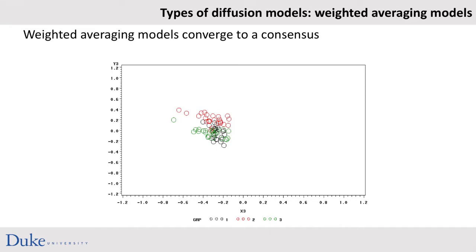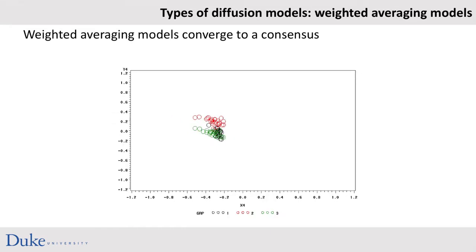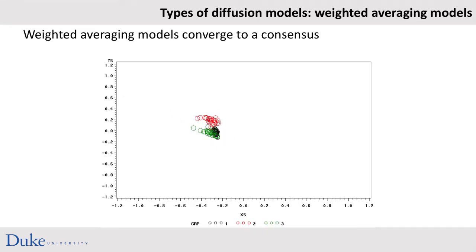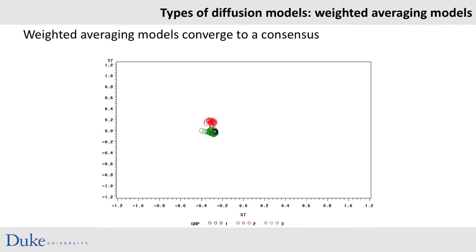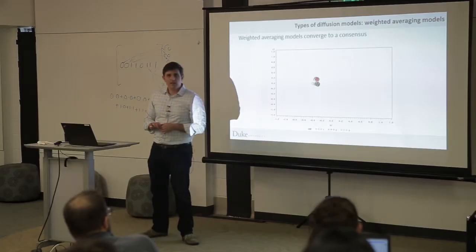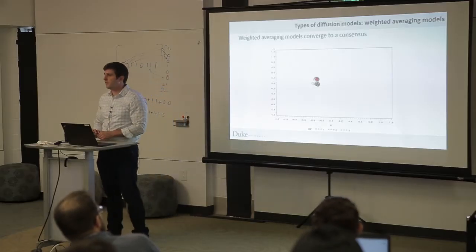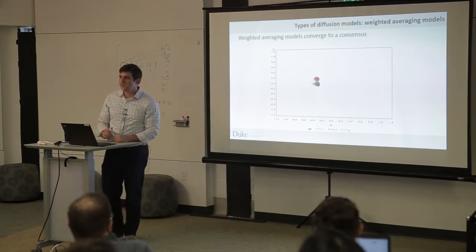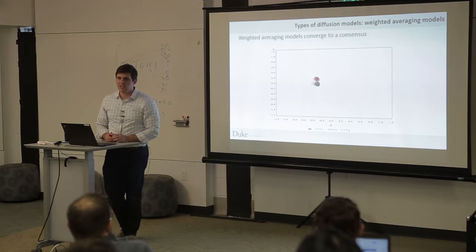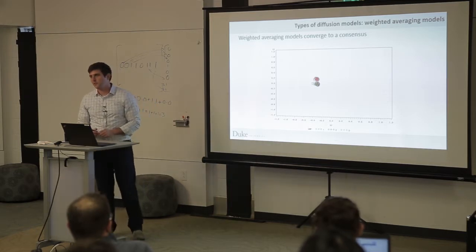And if you run this model repeatedly, the attitudes converge increasingly on a single point, which is kind of this median point. And for the more math inclined among you, the row normalized weight matrix actually forms a Markov chain. So this is the stationary distribution of that Markov chain.